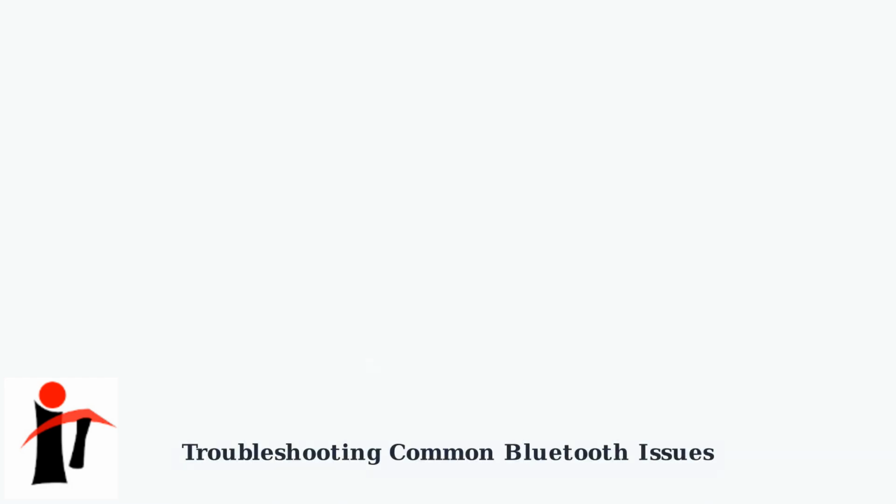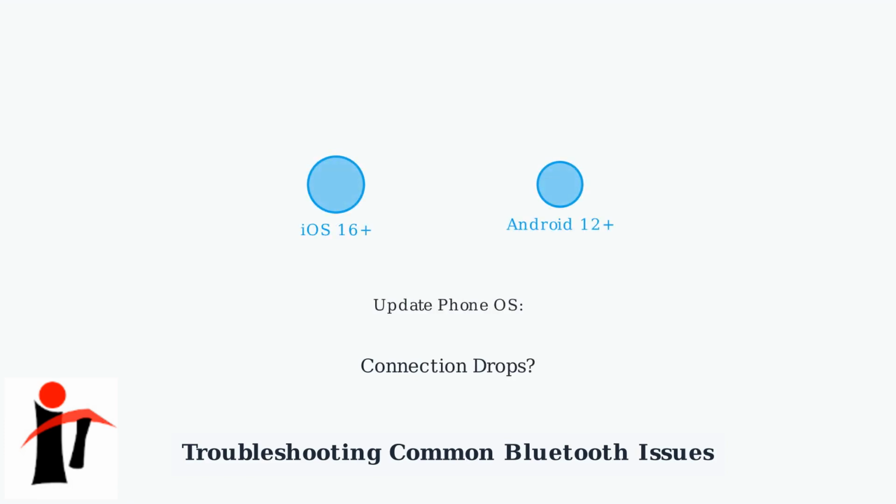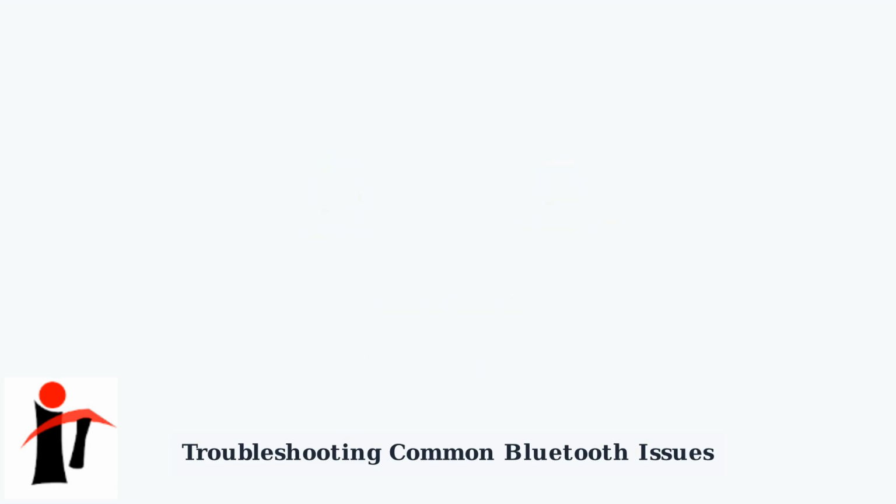When troubleshooting common Bluetooth issues in your Tesla, start by addressing connection drops. If your connection frequently drops, the first step is to ensure your phone's operating system is up to date. Tesla recommends iOS 16 or later for Apple devices and Android 12 or later for Android phones. These versions include important Bluetooth stability improvements.